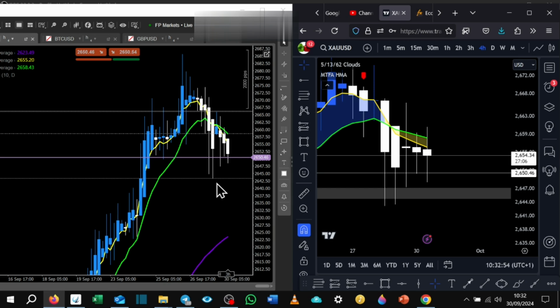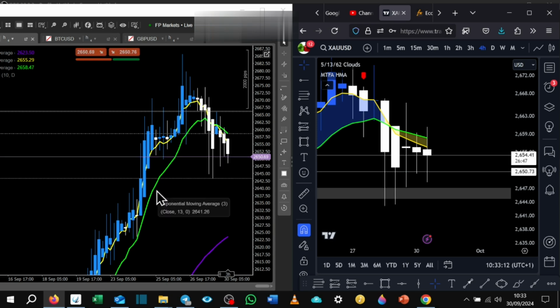Caught a nice sell at the moment. Currently, I actually am in a sell on gold, and I go over this on my trading strategy, but we have had the 5 and the 13 EMA crossover, and as you can see, price can't actually break above the 13 EMA, so we're looking like we are bearish.